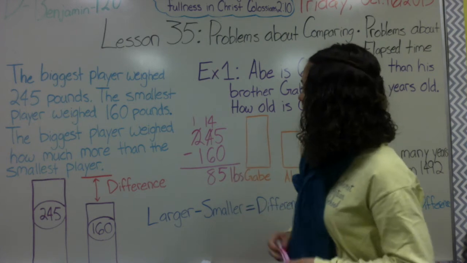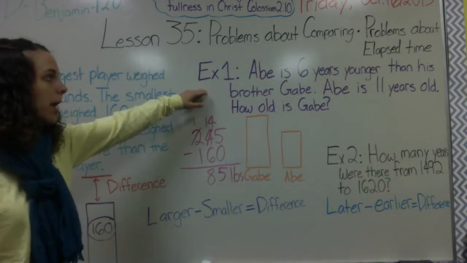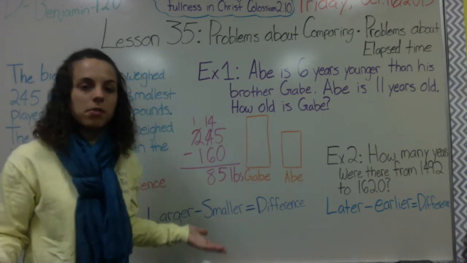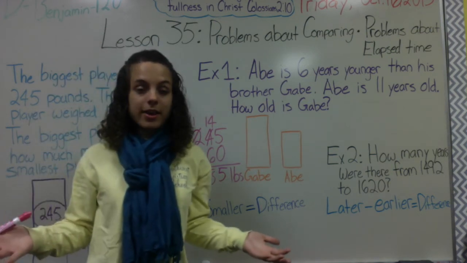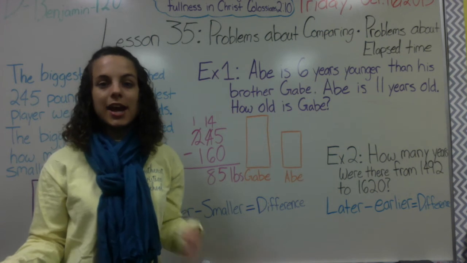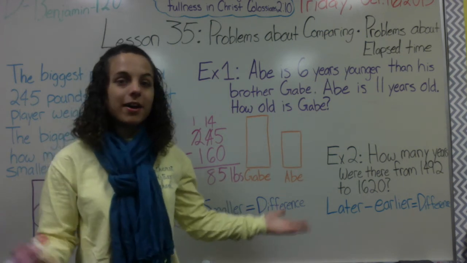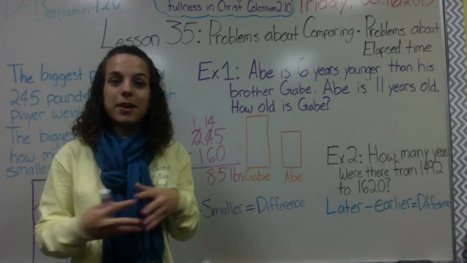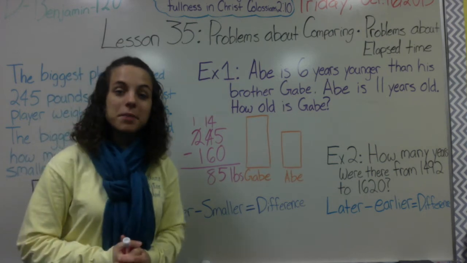So what we're going to look at together is example 1. This one is kind of with comparing times, or an elapsed time. Whenever we compare elapsed time, like with years, if I wanted to find how many years old America is, I would have today's date, 2015, and I would subtract the year that America basically became an independent nation, which was in 1776, the year the Declaration of Independence was signed.